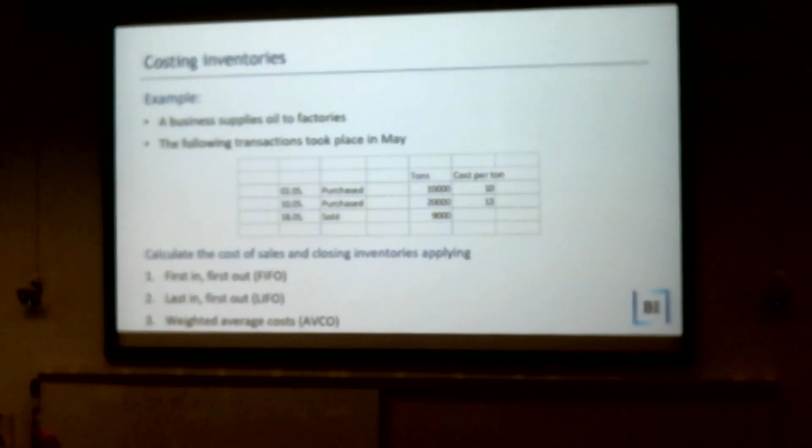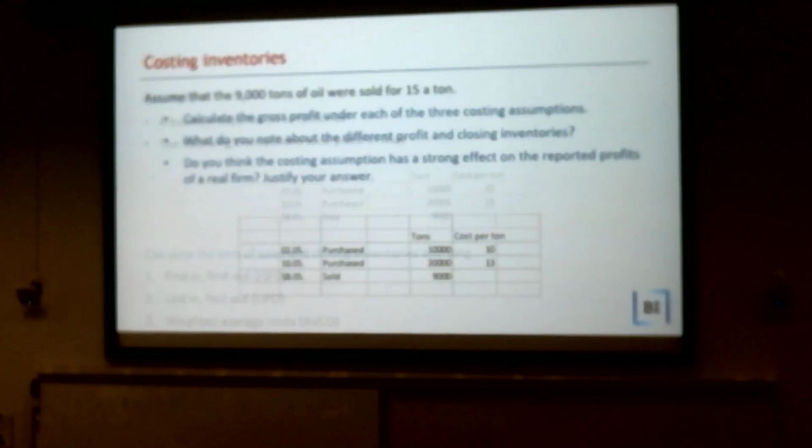So what we have here is two purchase dates, 2nd of May, 10th of May, and then you see on 18th of May something is sold, which is an easy example to be honest, because you can get the whole amount of what is sold from only one purchase, so you do not have to mix things. But yeah, maybe we extend it a little bit. I think that's otherwise just a little bit boring.